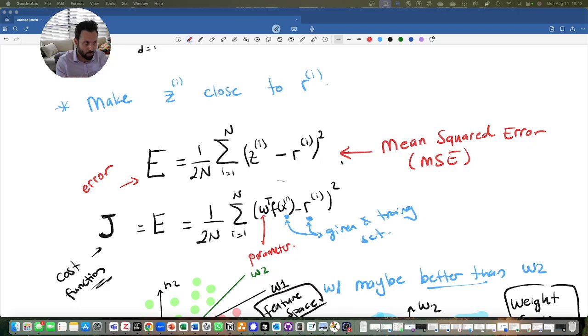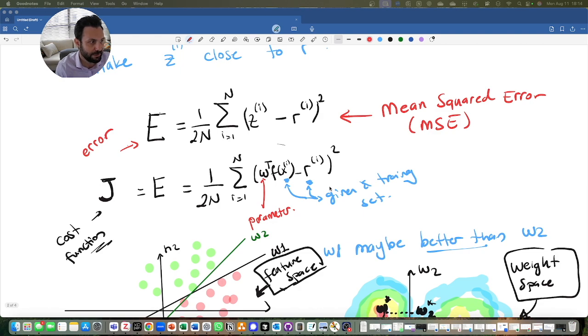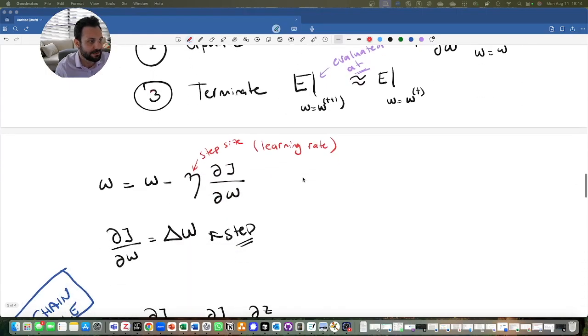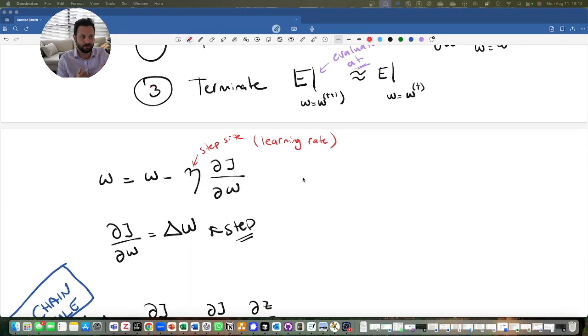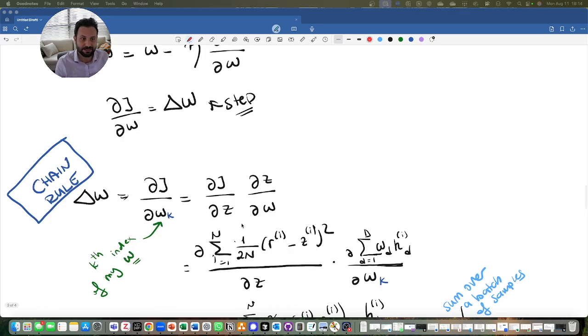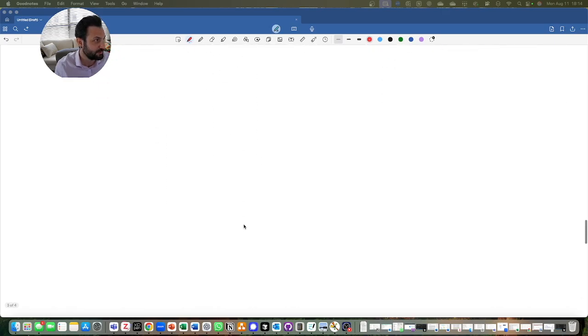It's wrong, but it served our purposes of establishing a cost function to be minimized such that a better function can be learned. And by establishing this cost function, mean squared error, we were able to find the set of update rules following stochastic gradient descent, and to eventually land on a better set of W's. So that's what we did so far.